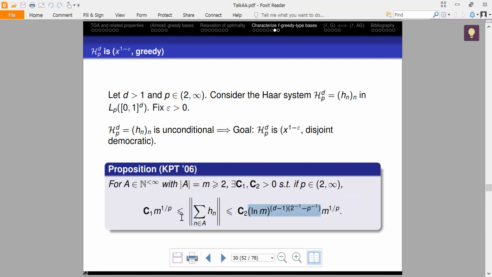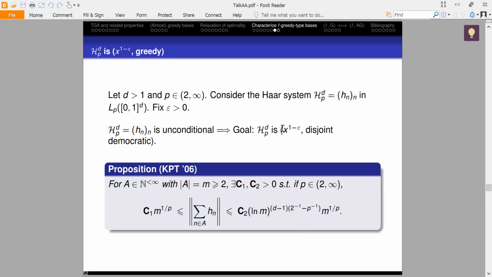Then this system is not democratic, because in order to be democratic, the maximum and the minimum must be of the same order. But here you have different order, right? At least by a factor of log n. So that's why the system here is not almost greedy, because it's not democratic.